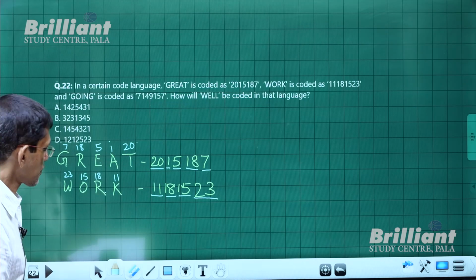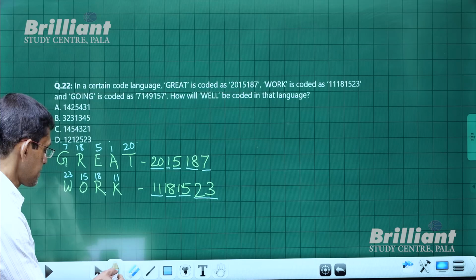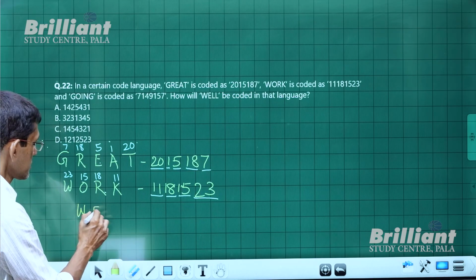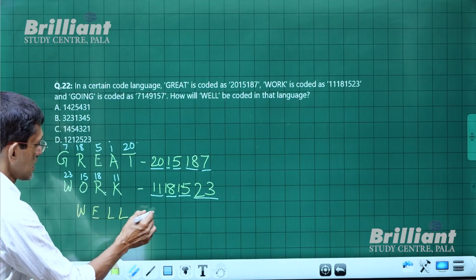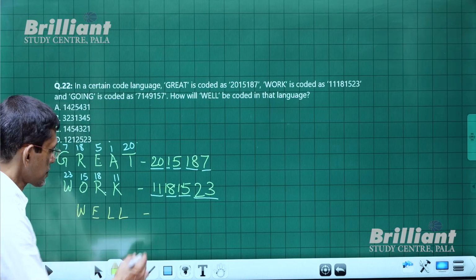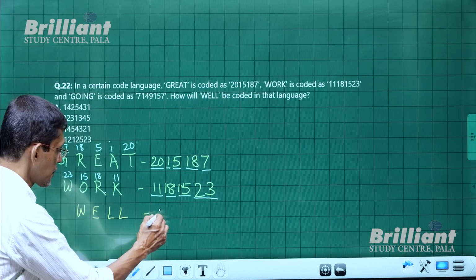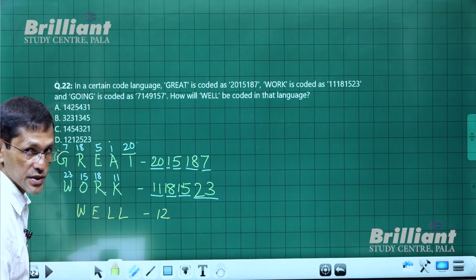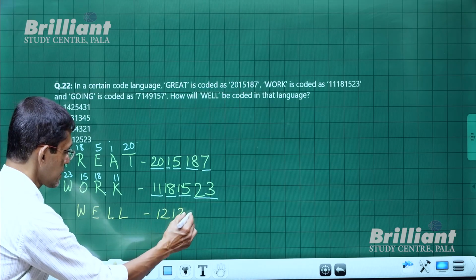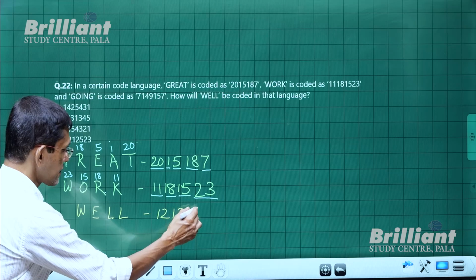Now we have to try well, W-E-L-L. L is going to be the last letter, so what is the code for L? Position value is 12. And one more L, so it's 12, 12. Then E is 5.